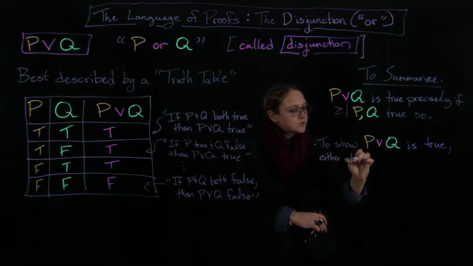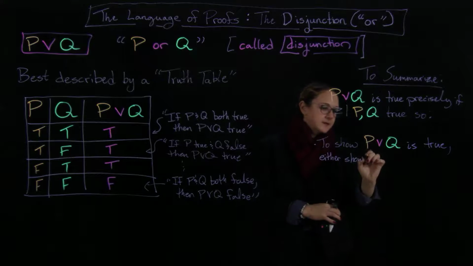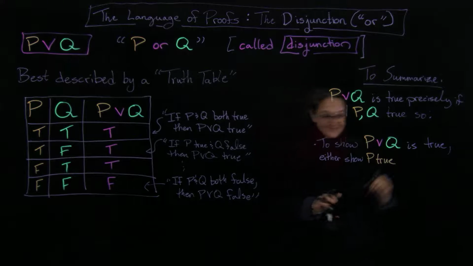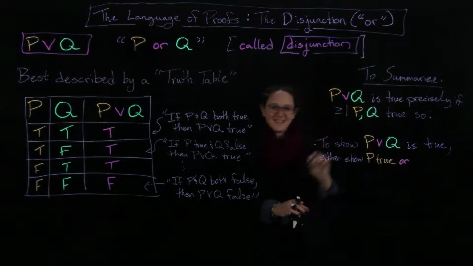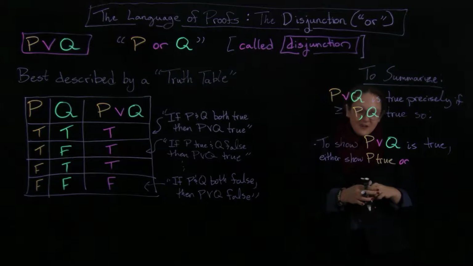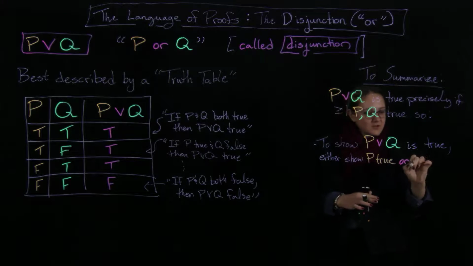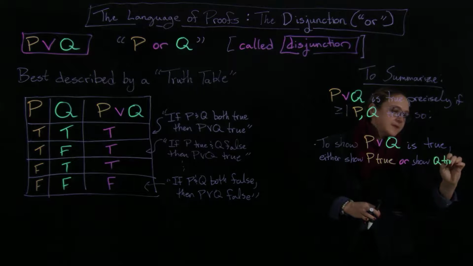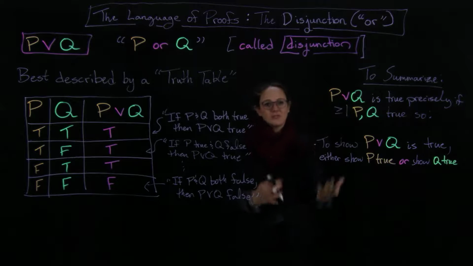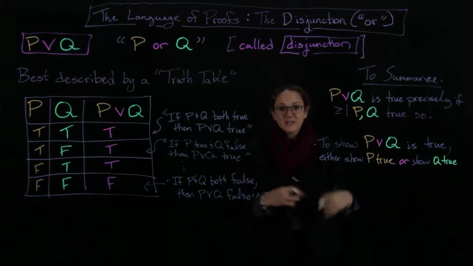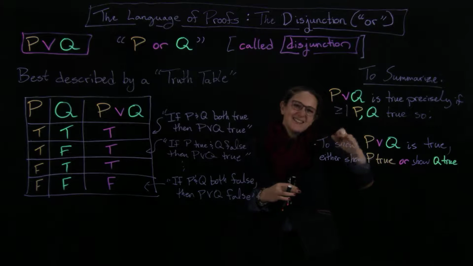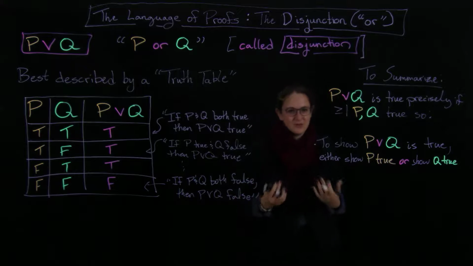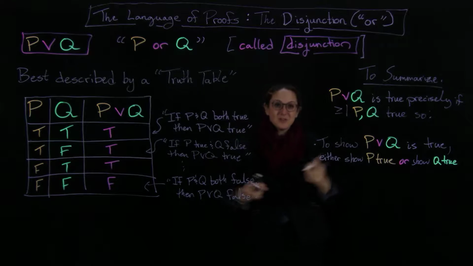Right, but this is an inclusive or, so you only need to necessarily do one of them. In general, this is an inclusive or, for those who like logic, meaning that it's possible that both are true.